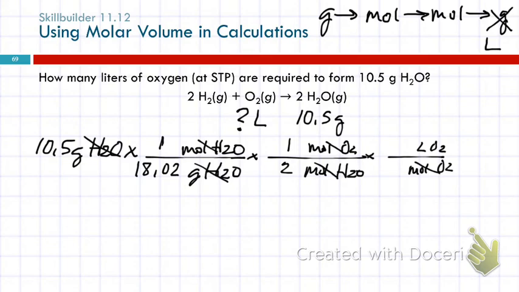So the mole gets the 1. 1 mole takes up 22.4 liters. 10.5 divided by 18.02 divided by 2 times 22.4 is 6.52, 3 sig figs. The unit is liters. Going to round that to 6.53 liters of oxygen.